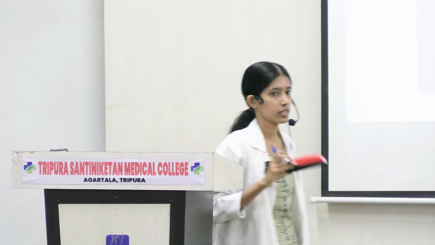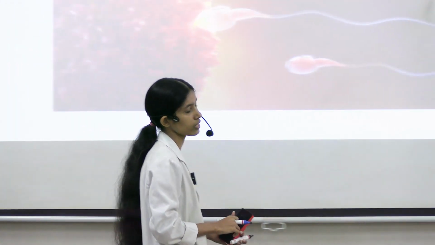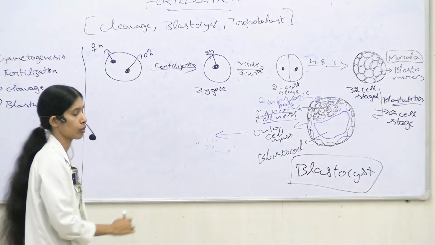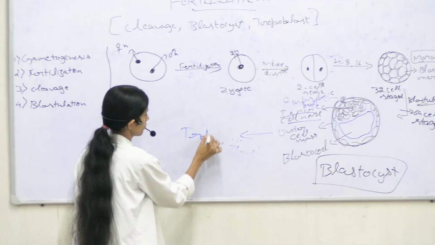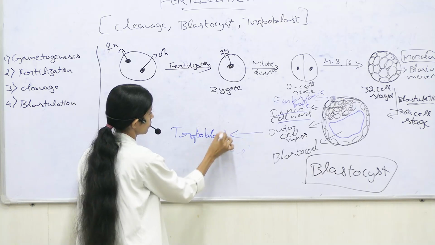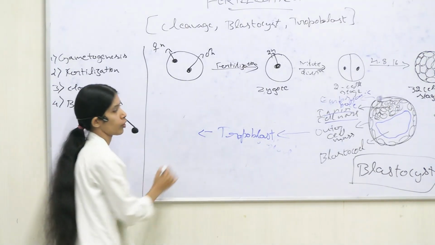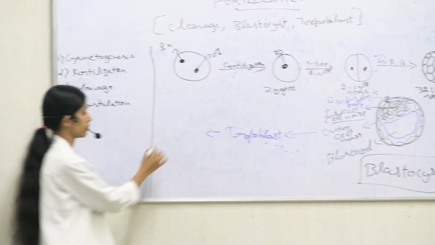It will form the blastocele cavity, and the other outer layer is called the outer cell mass, which is also known as trophoblast. This trophoblast helps in the formation of the placenta.